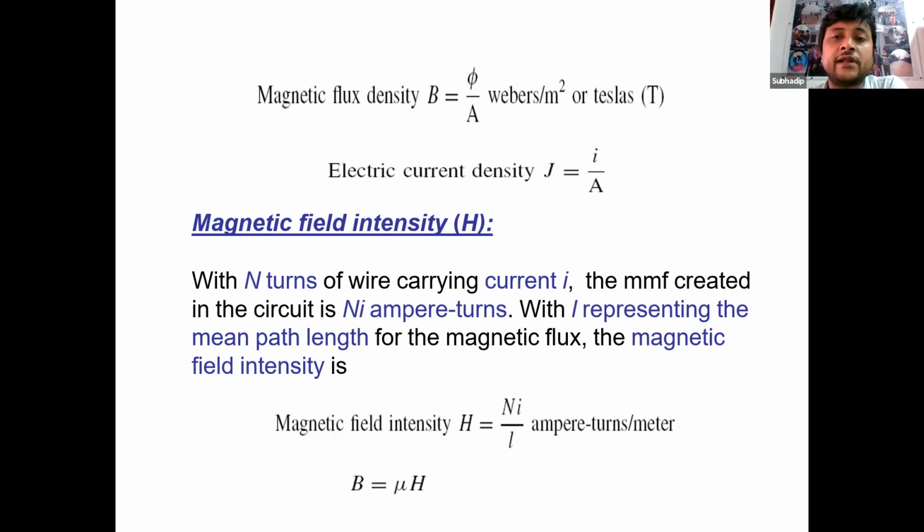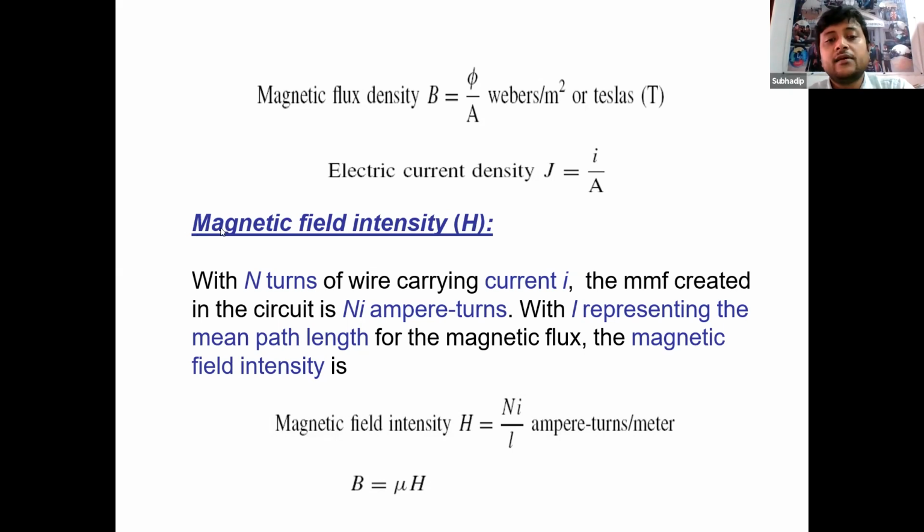The unit of current is ampere and the unit of cross sectional area capital A is meter square. So the electric current density J equals I by A, and the unit is ampere per meter square.